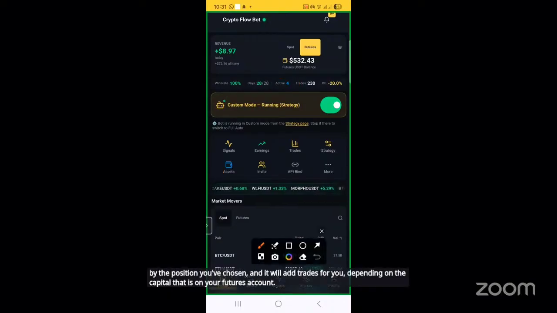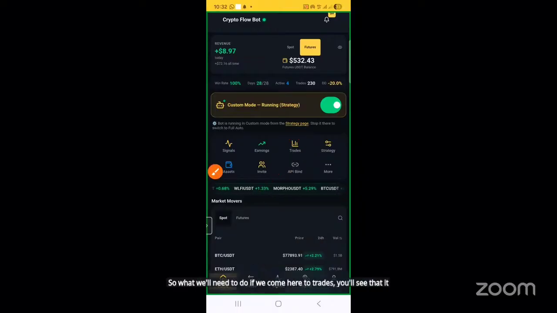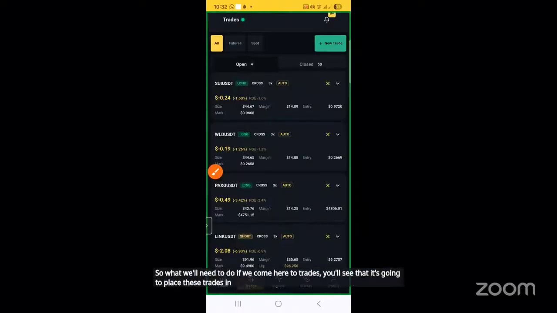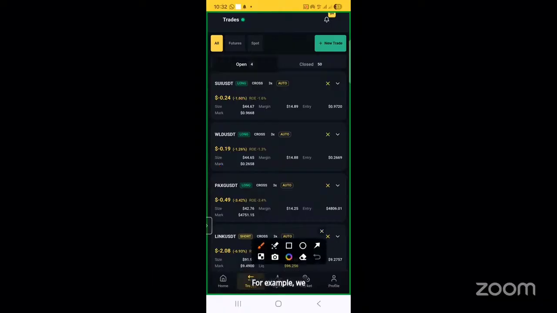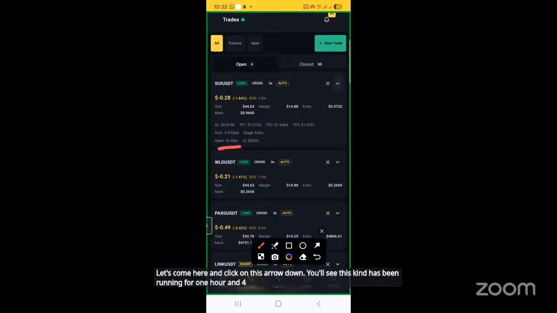So what will it do? If we come here to trades, you'll see that it is going to place these trades in our Binance account on our behalf. For example, we are going to analyze this coin of SUI USDT. Let's click on this arrow down. You'll see this coin has been running for 1 hour and 43 minutes. The stop loss has been placed here. And this is TP1, take profit number 1, number 2, and number 3.